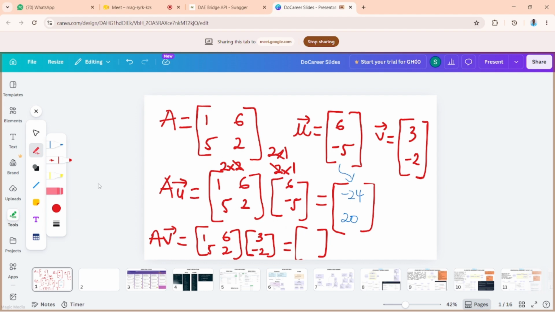Someone got negative 9, 11. All right, we are waiting for confirmation. This one is 3, and what? Negative 12. We are not done, please.